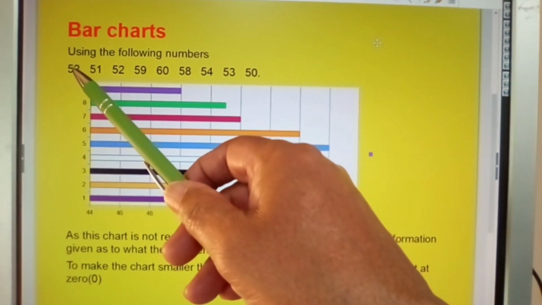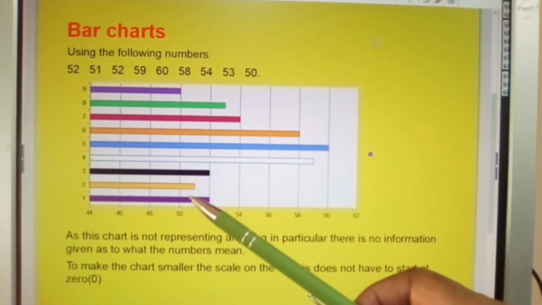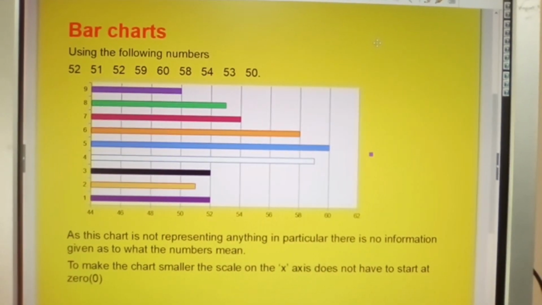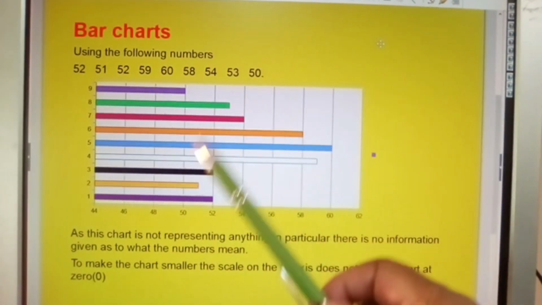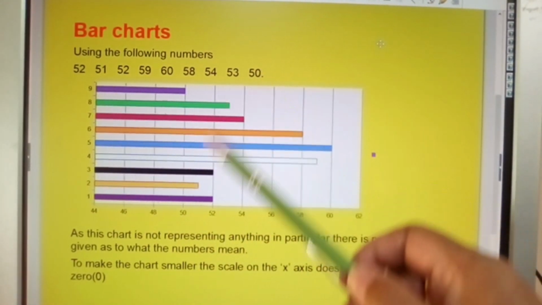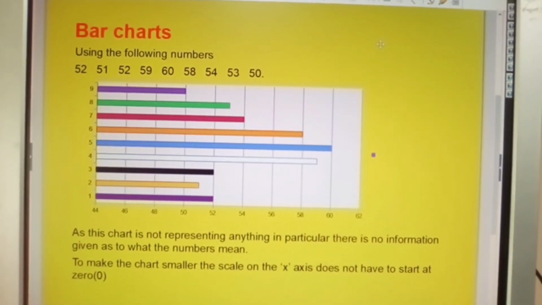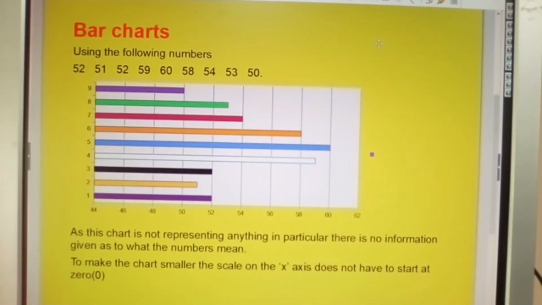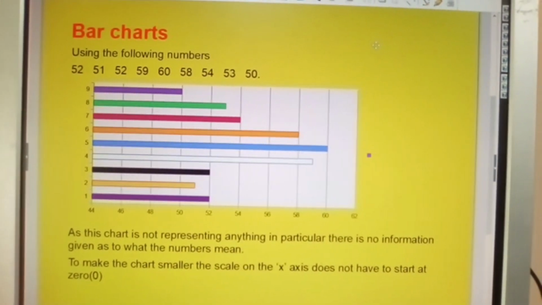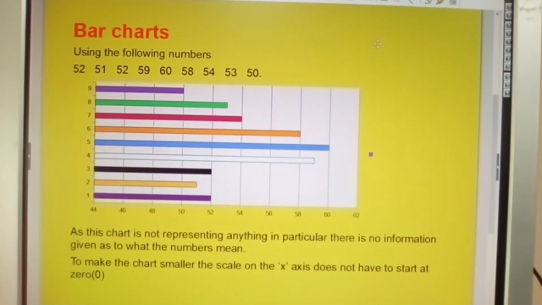So if you can see 52 here, 52. Yes, somewhere there. Taking 50 here comes to here, so you can see that there. But again, I'm still not happy about that. The graph system needs to be one that can easily be read and reflect the data that you're trying to illustrate.